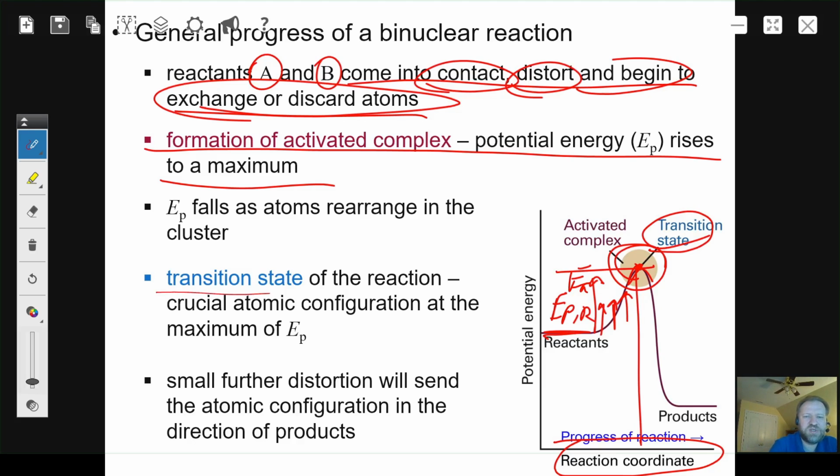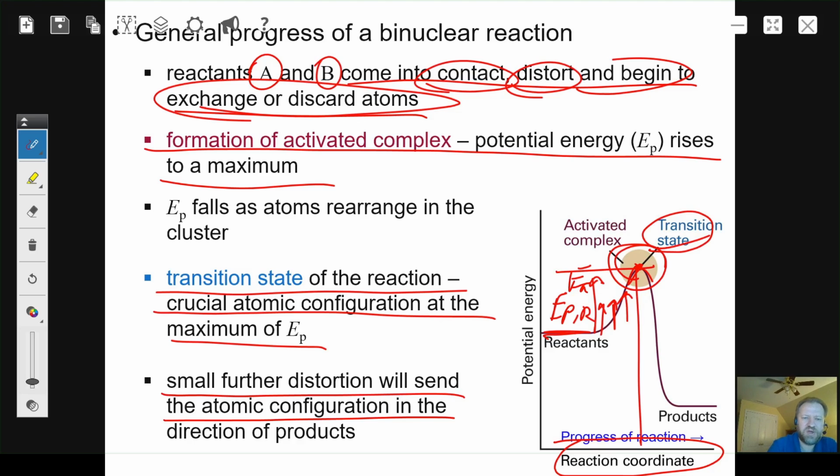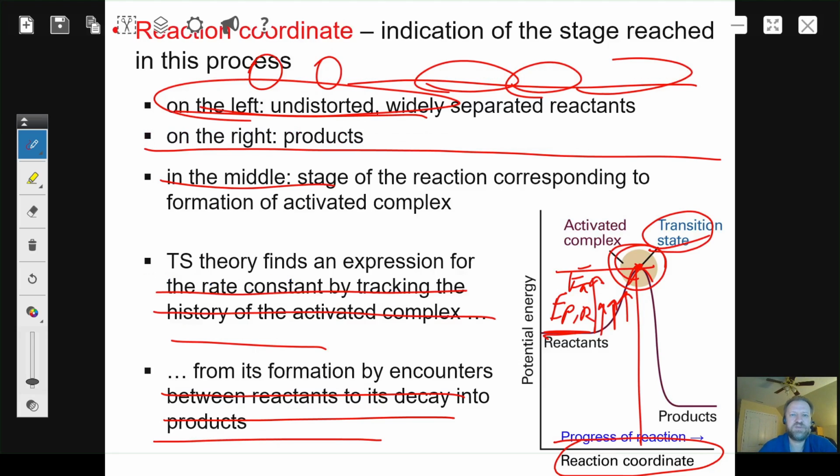You can think of the transition state of the reaction as this crucial atomic configuration at the maximum of potential energy. A small further distortion will send the atomic configuration in the direction of products, but perhaps another vibration in a different, opposite direction will distort the transition state and make it fall back towards reactants.